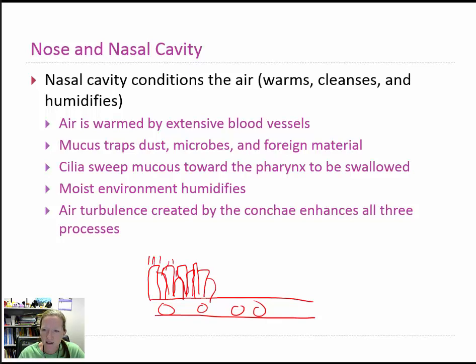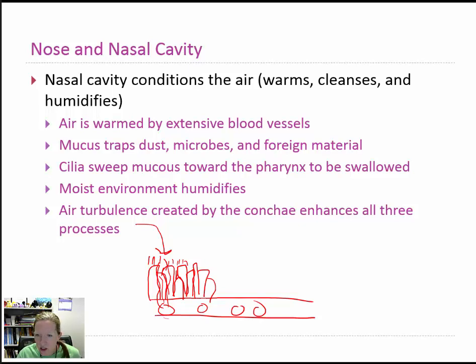Cilia. So as you can imagine, you have these superficial vessels, and remember that blood is going to be a little bit warmer than normal body temperature. So that warm blood is going to, of course, radiate up here. And anytime the air hits, that air is going to get warmed as well.